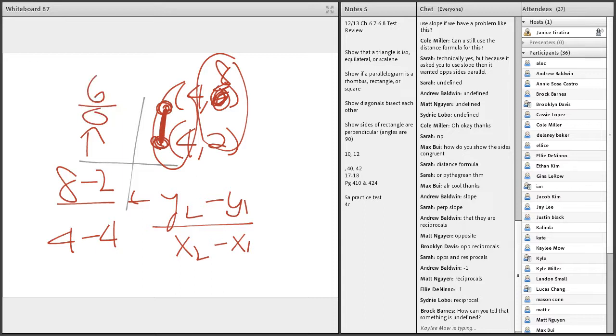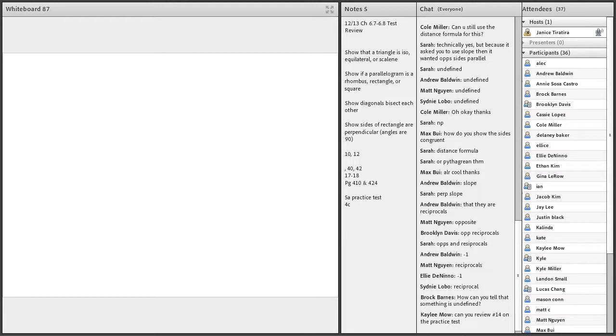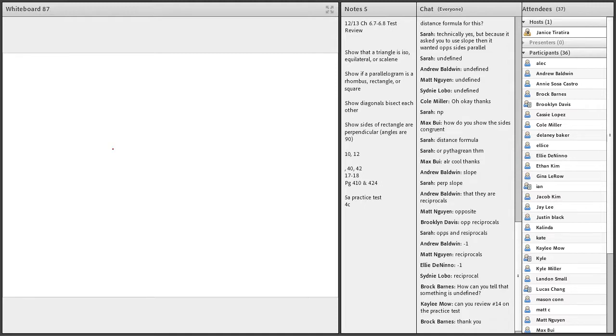Whenever you have 0 on the bottom, it is always undefined. When you put it in your calculator, it'll say some kind of syntax error. So whenever you're dividing by 0, it's undefined, or graphically, if it's a vertical segment or line, it's undefined.